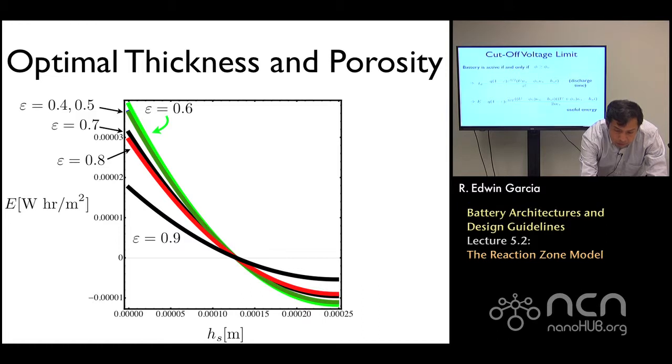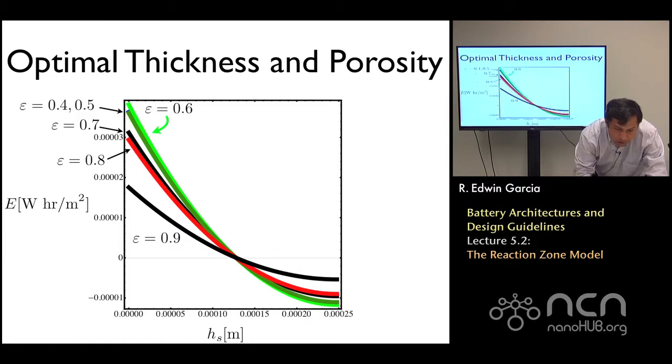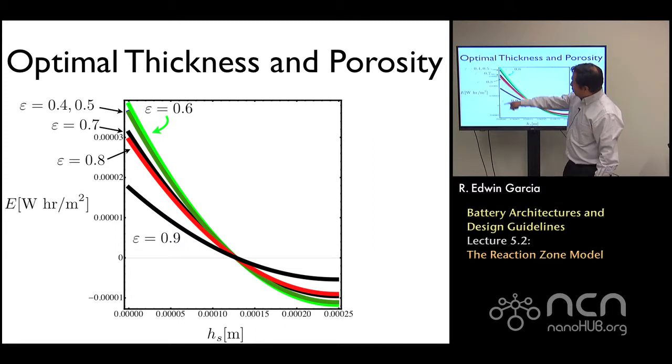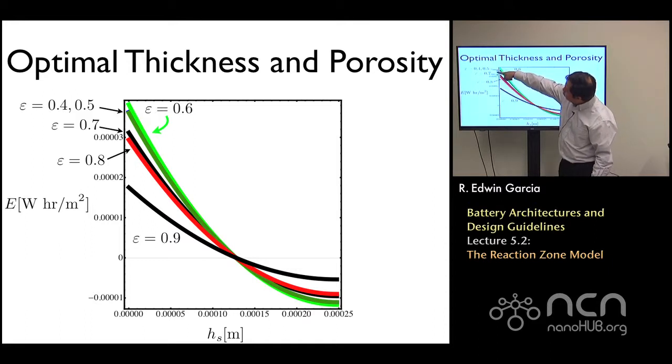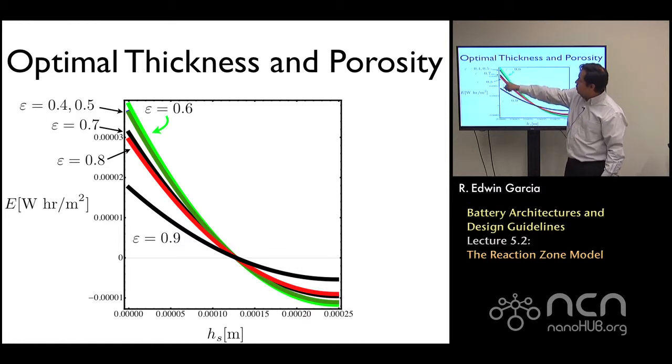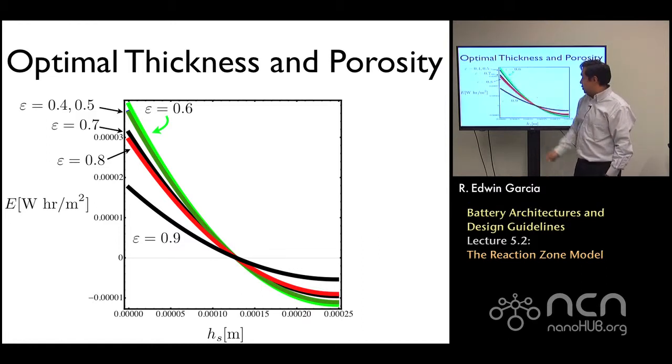How does the separator put any constraints on this? In this case, we're looking at the energy density for different separators, and you can see how as you go from 0.4, 0.5, 0.6, basically as the battery becomes more and more porous, the losses will start dropping, being the maximum obviously at 0.6.